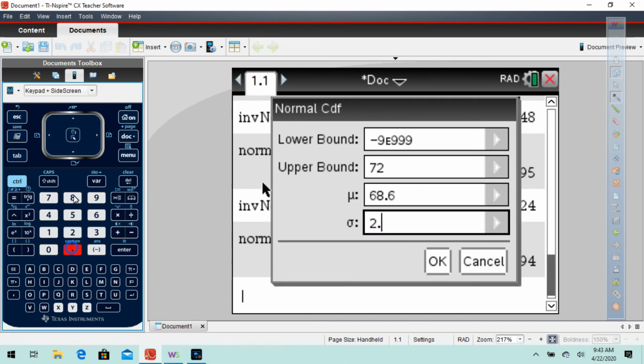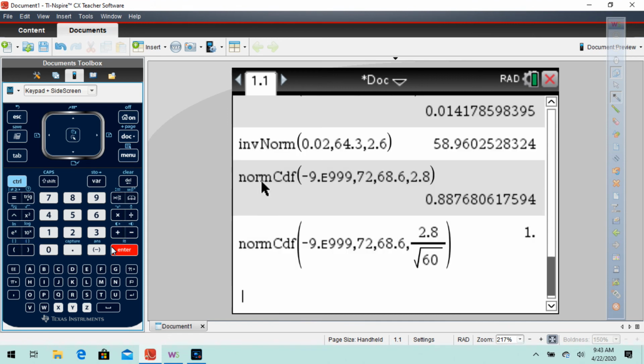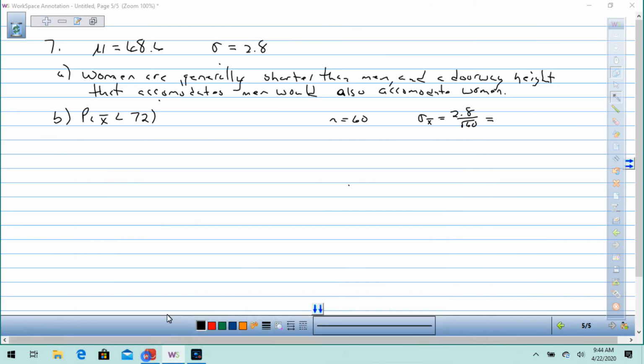Now it's 2.8 divided by the square root of 60. Well, the calculator says 1, but it is actually going to be less than 1, so we're going to put 0.9999, okay? Because it is actually less than 1, but it's very, very small.